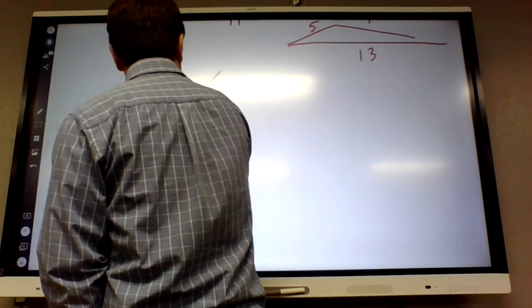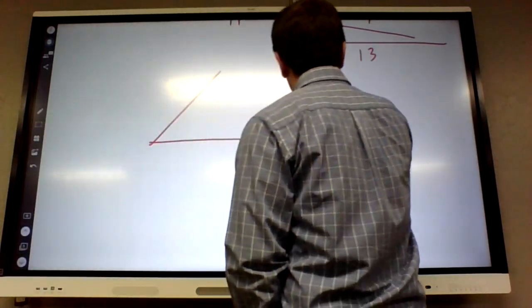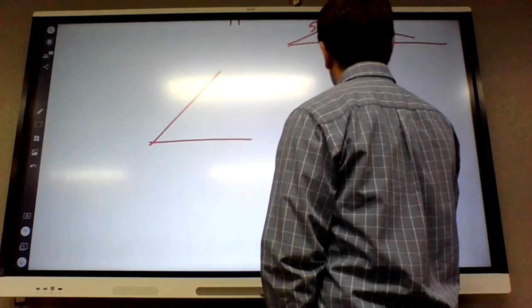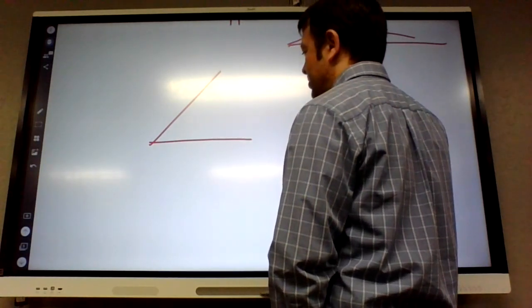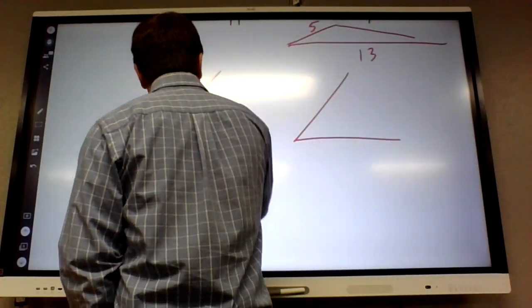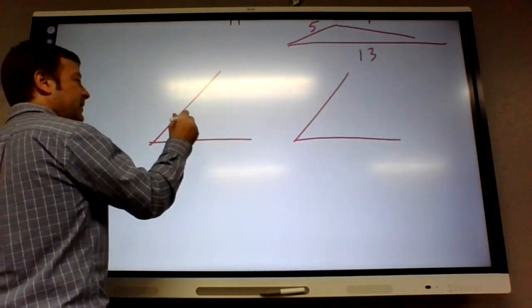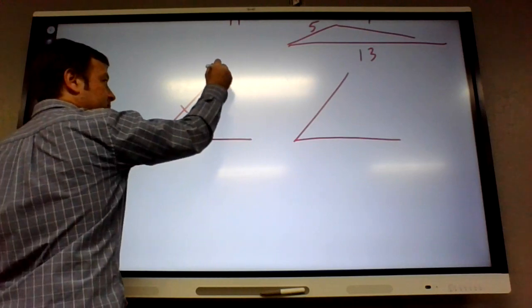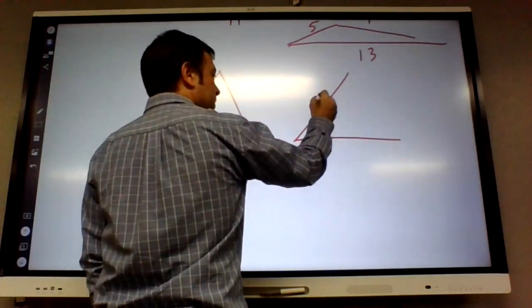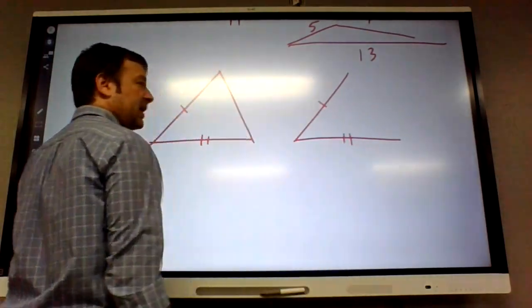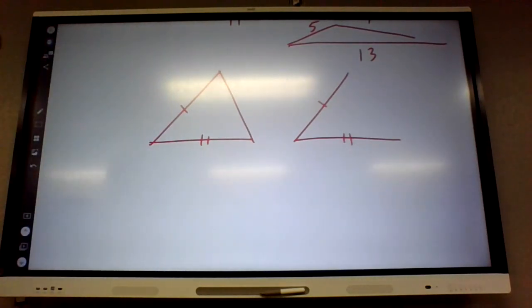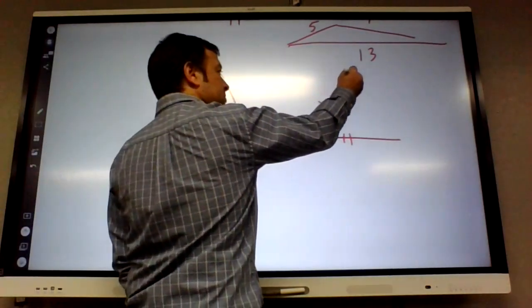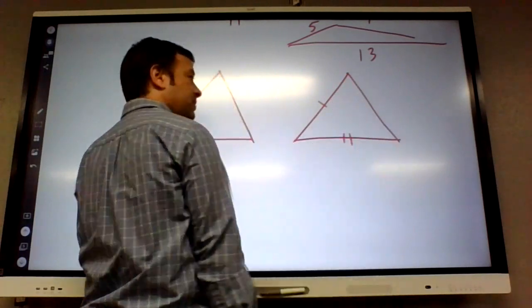This next part, the book calls this the hinge theorem. Some books call it the side angle side inequality theorem. So you have to have two equal sides in a triangle, two congruent sides in a triangle.